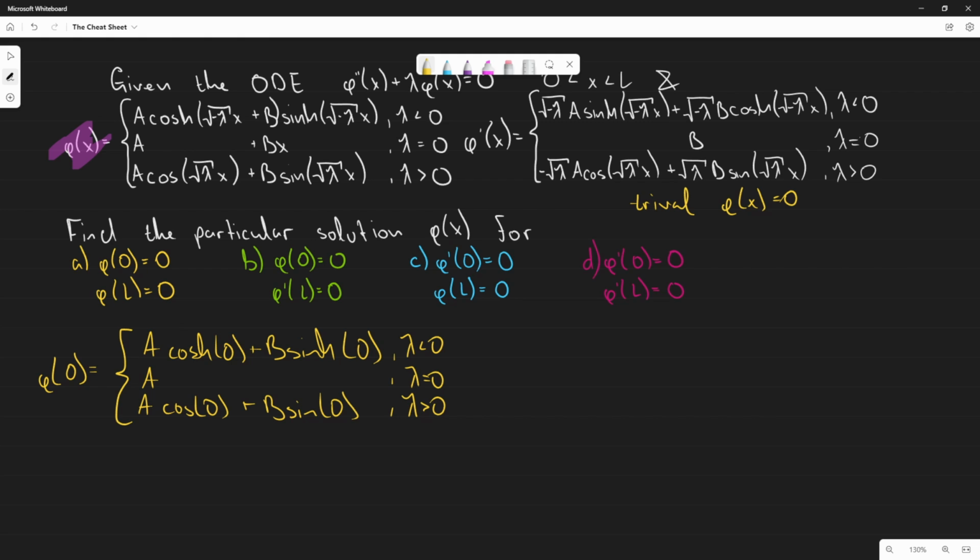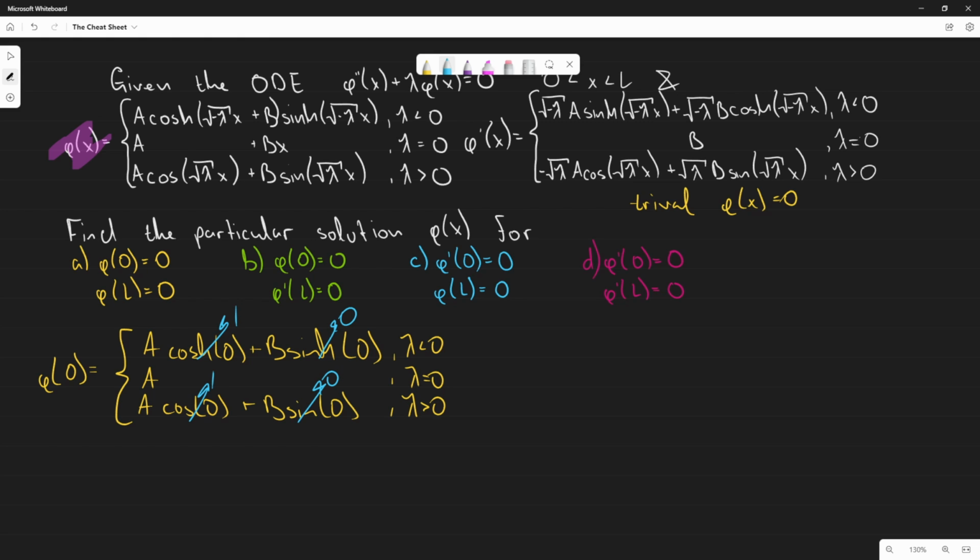And so what do we get here? If we remember how to use trig, sine of 0 is just 0. And for hyperbolic trig functions, hyperbolic sine of 0 is also equal to 0. Cosine of 0 is just 1, and the same thing applies with hyperbolic cosine.